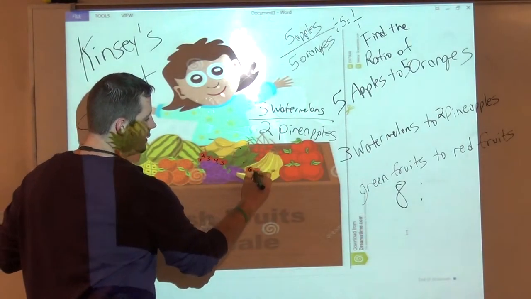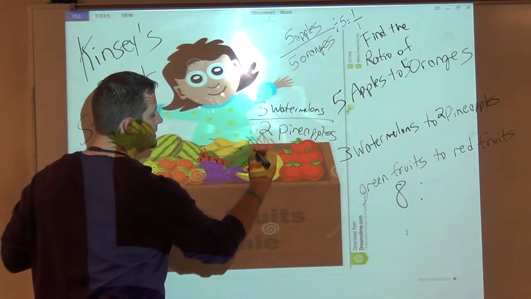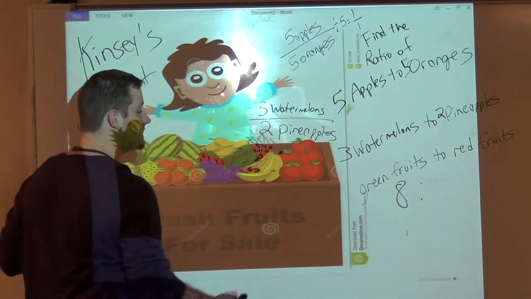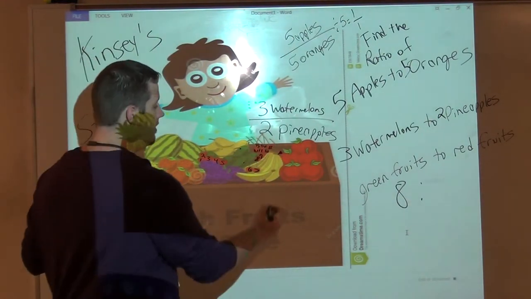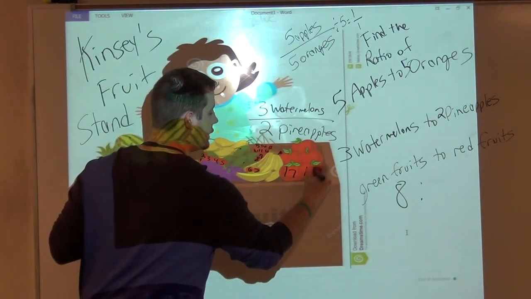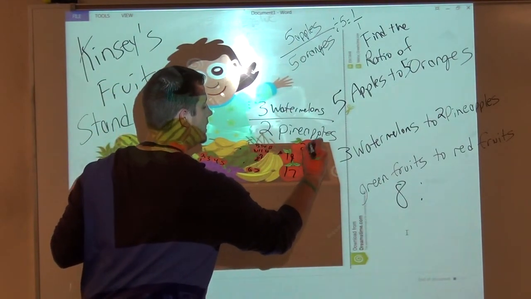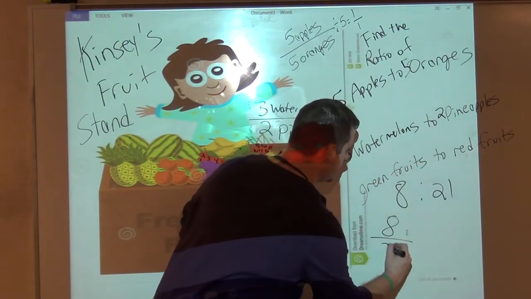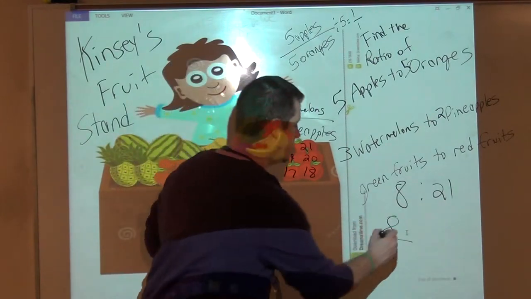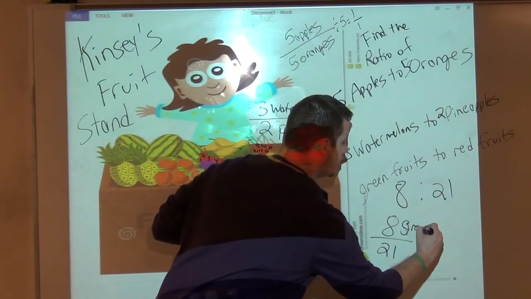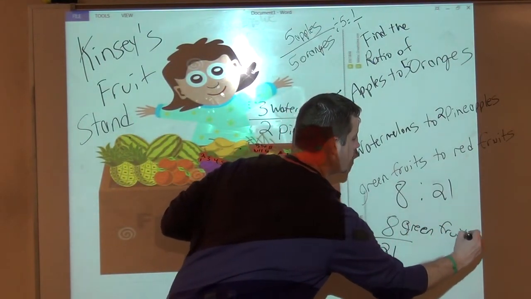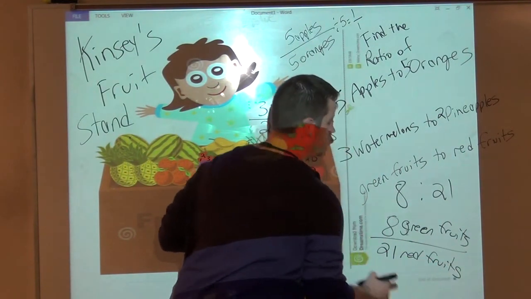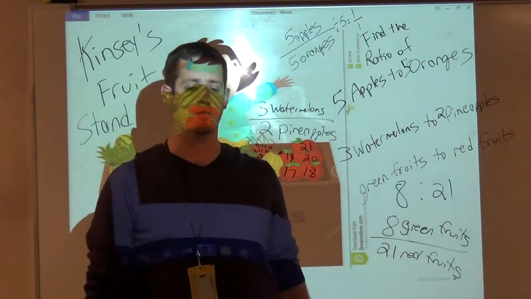The cherries: 6, 7, 8, 9, 10, 11, 12, 13, 14, 15, 16, up to 16 so far, 17, 18, 19, 20, 21. 21 red fruits. So 8 green fruits over 21 red fruits. That doesn't simplify, so I can leave it as 8 over 21.